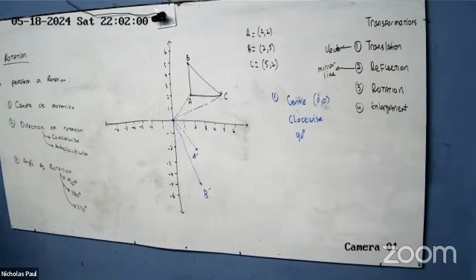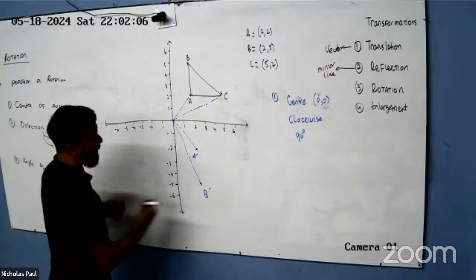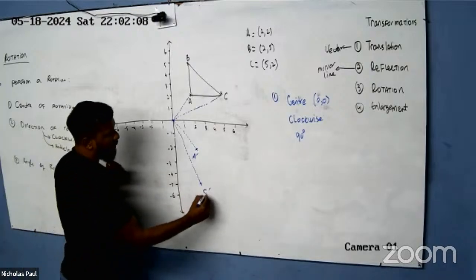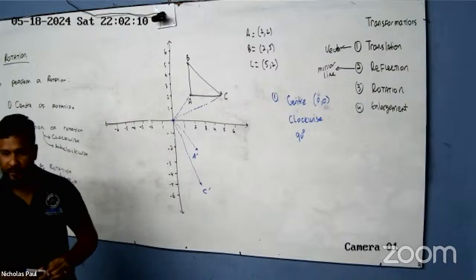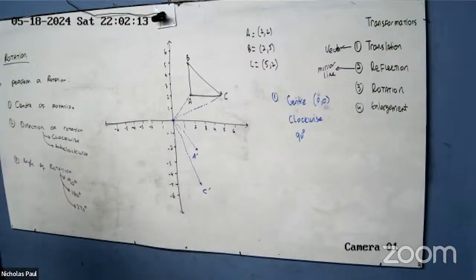Look at that. 2, minus 5. Do C prime one time. Oh, sorry, I labeled that badly. That's C prime. Do B prime one time, please. Do the same thing again. Very good.